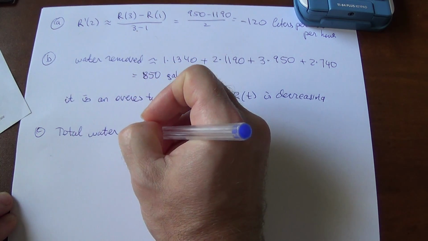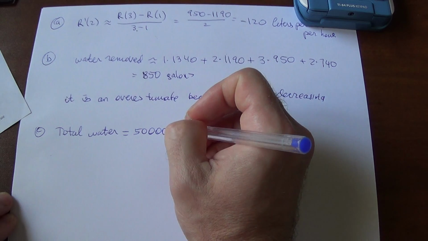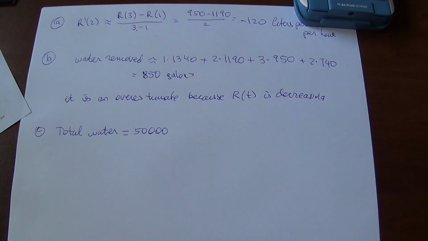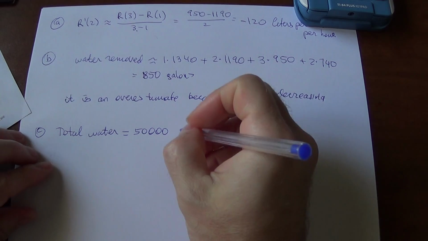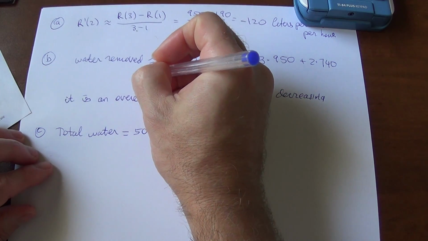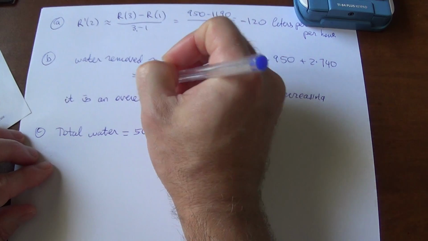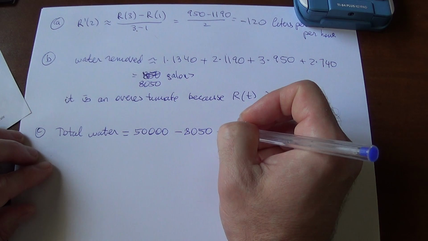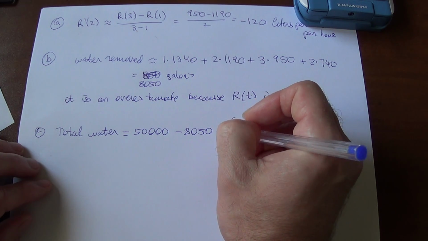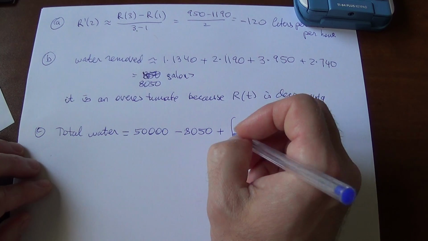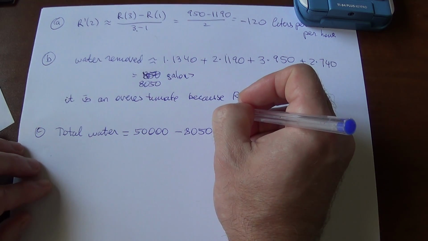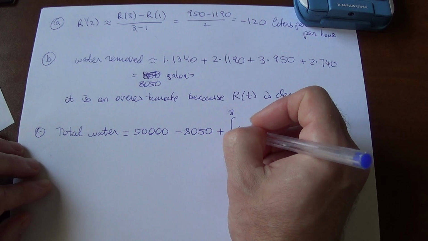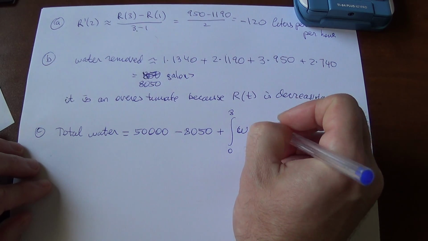Total water is going to be 50,000, then minus the 8,050 gallons that was removed, and then plus the water that is pumped into the tank. Since we're given the rate at which it's pumped, we're going to have an integral from 0 to 8 of W of t dt.